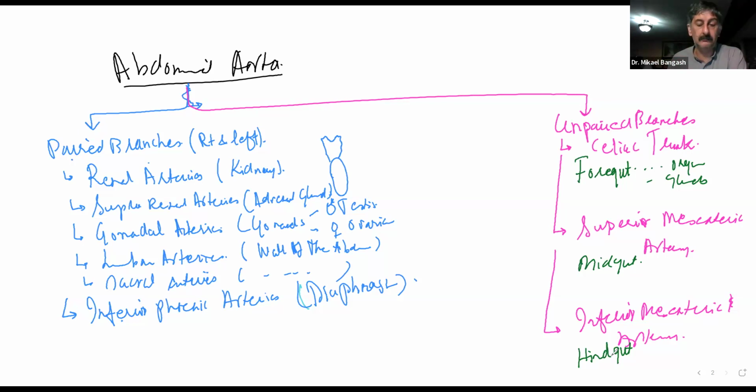What was the hindgut? The last 1/3 of the transverse colon, the descending colon, the sigmoid, and the first 2/3 of the rectum was your hindgut.